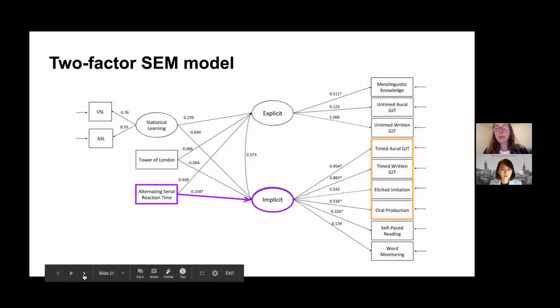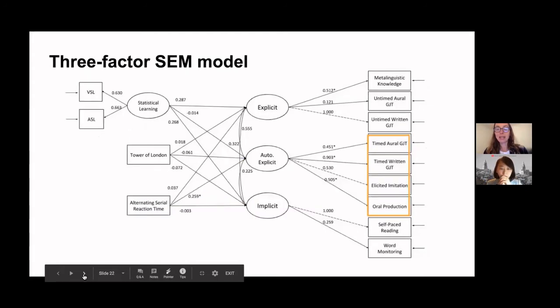Well, because in both cases, the ASRT predicts the factor on which the timed accuracy-based tests load. So you see that here for the two-factor model, we see the same thing. For the three-factor model, ASRT accounts for performance on the timed oral and written grammaticality judgment tests, as well as elicited imitation and oral production.